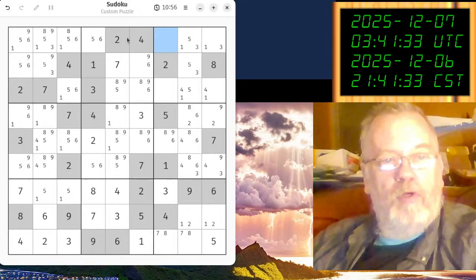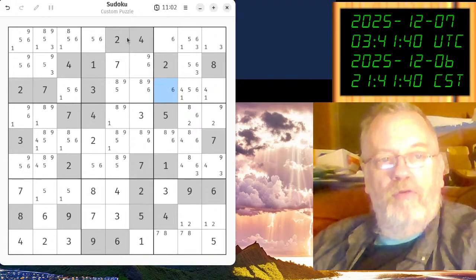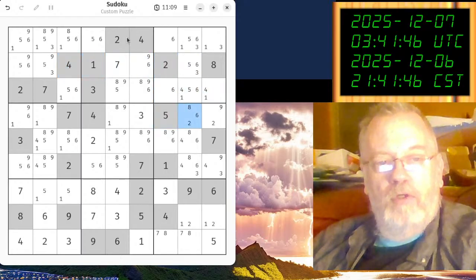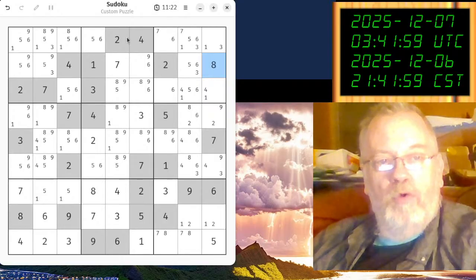It looks like I've got 5 places for a 6. 7s. Well, we get 7 there and there, blocking out all of these. 7 here means 2 possible places for a 7 here, because I don't have a hard place for a 7 down here. How about 8s? We got 8 on the board already. 9s. It looks like I've got 4 places that can be a 9.